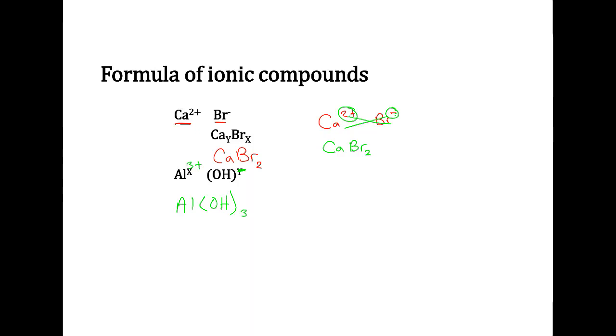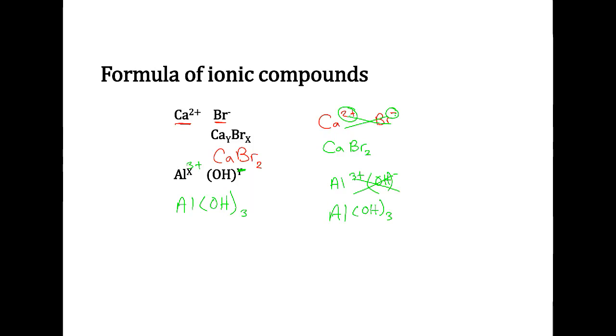That tells everyone that you need 3 total hydroxides. This would be another example if you wanted to swap and drop. Just make sure you have polyatomic ions in parentheses so you can distribute that subscript like it's supposed to be. So if we drop the 3, drop the 1, again we end up with Al(OH)3.